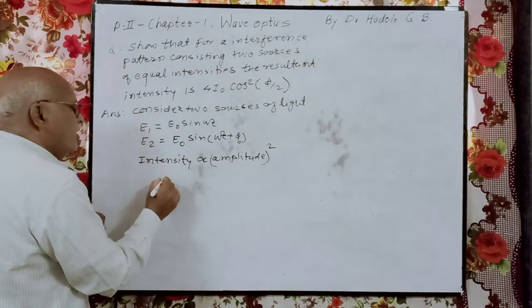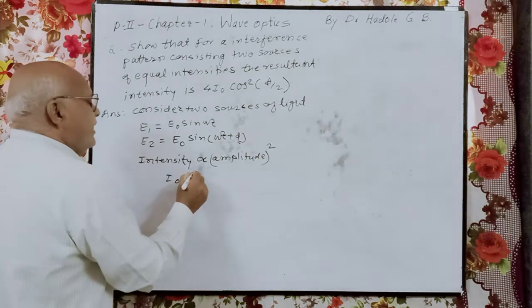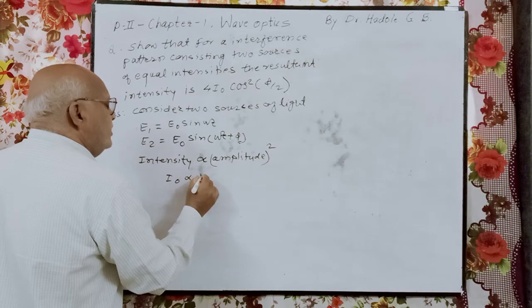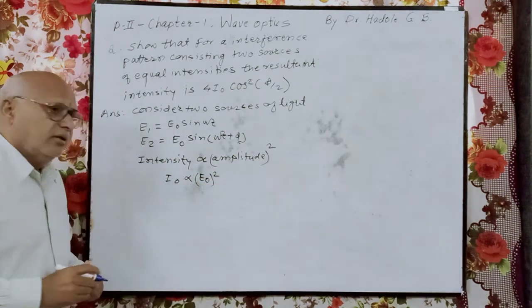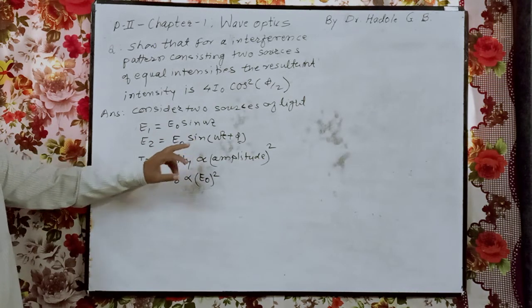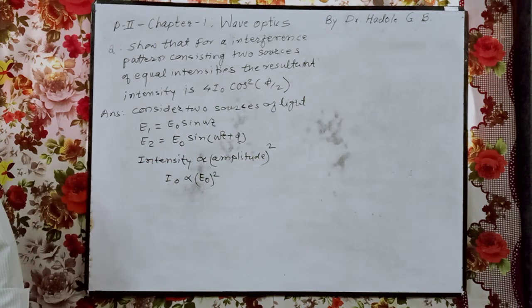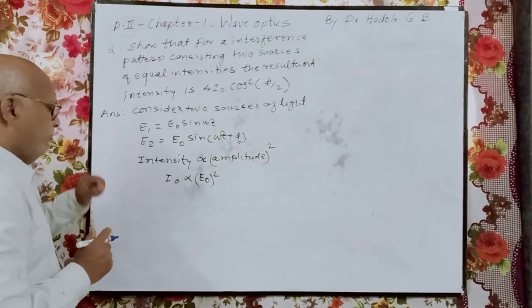And therefore, if we consider I0 as intensity, it is directly proportional to E0 square. But here, these two equations differ in phase, and that's why we will obtain an equation for the resultant wave.